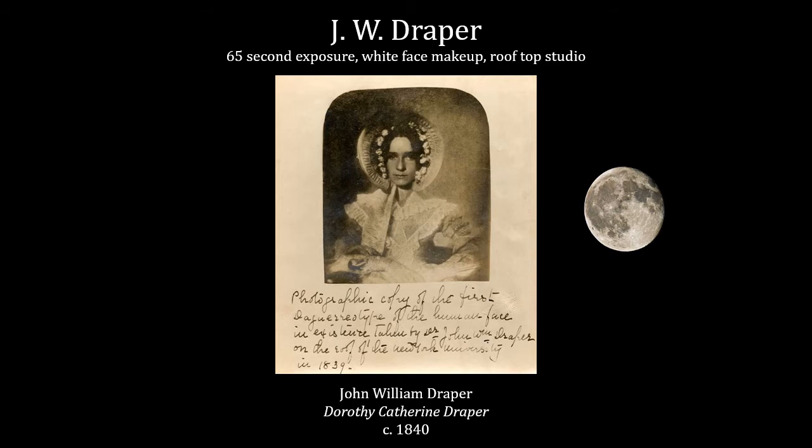A 65-second exposure, using the rooftop studio, much like the image we saw, with a big glass window ceiling, using a little bit of makeup to help bring out the face so you don't have too many shadows and things like that. So one of the other advancements is better chemistry, better emulsions, so that you start to bring down the whole exposure time.